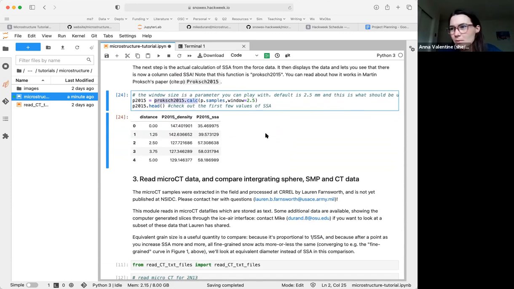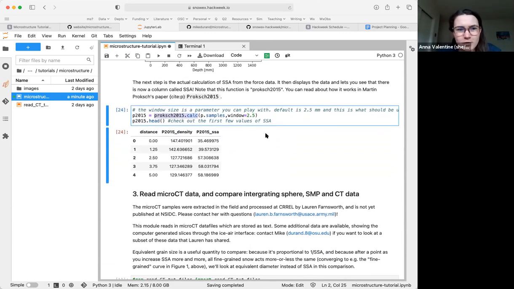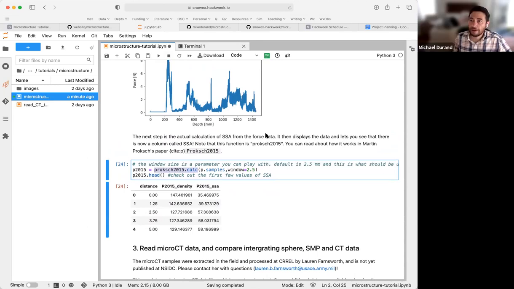Do you know what method they use to find the coefficients? Yeah, I don't. The thing is the hardware. Martin Proksch, in Proksch 15, was using an old version, I think, of the SMP controller, version 2. And the version used in SnowEx last year was version 4.